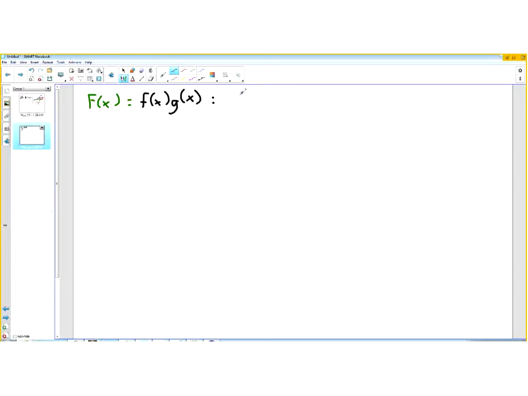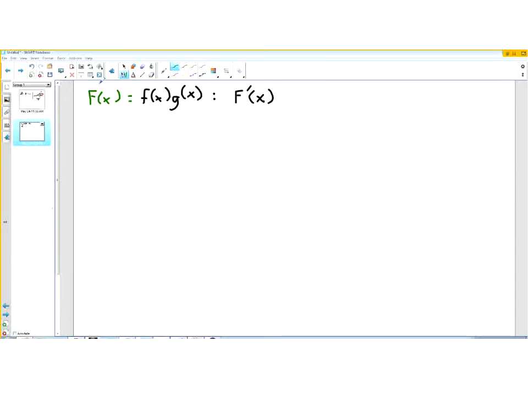So we want big F of x, this right here. Now, I have an alternative proof. There's a proof outlined in section 3.2 of your text, but I've found that that proof is very confusing. I have a much simpler proof to offer up, and it's based on using the definition of the derivative.